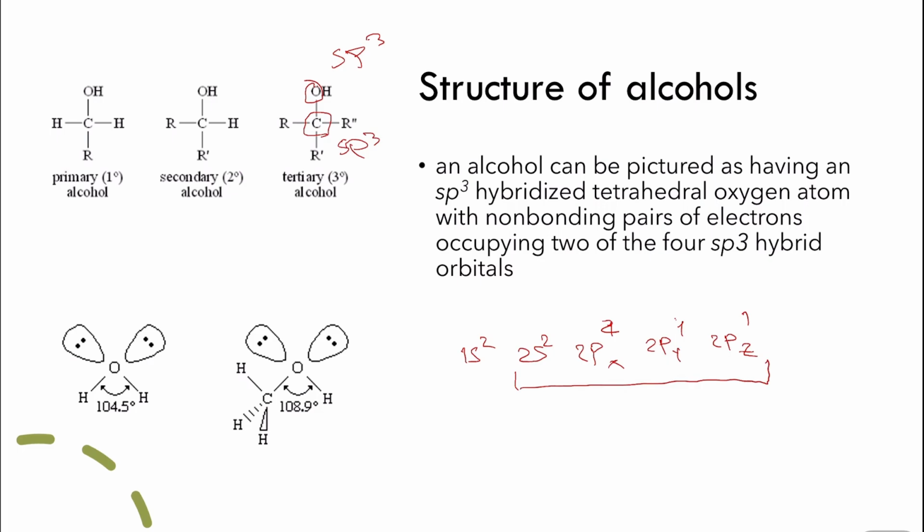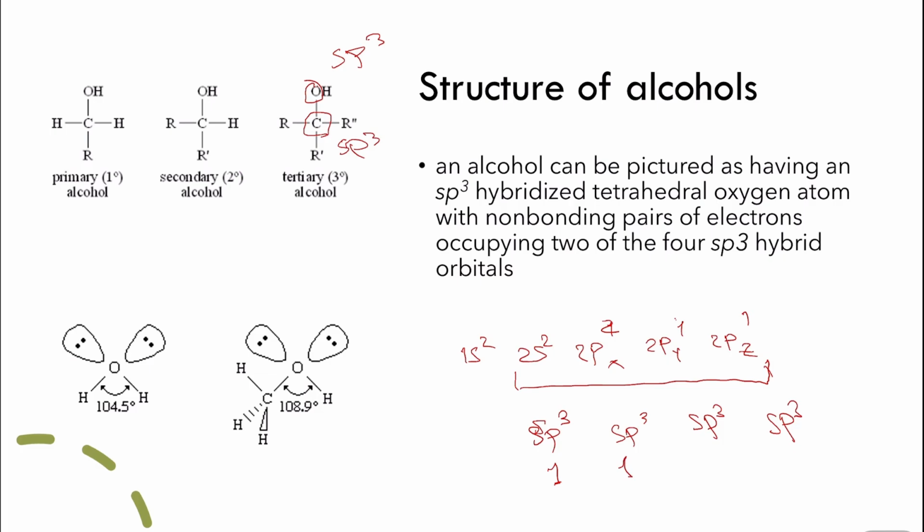So these four orbitals are mixed together to give you new sp3 hybridized orbitals, and all of them will be called sp3 orbitals. So we have 1, 2, 3, and 4 sp3 orbitals.